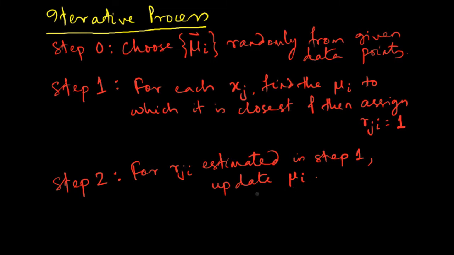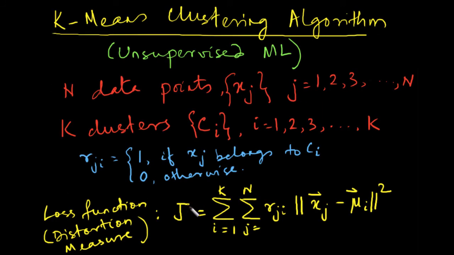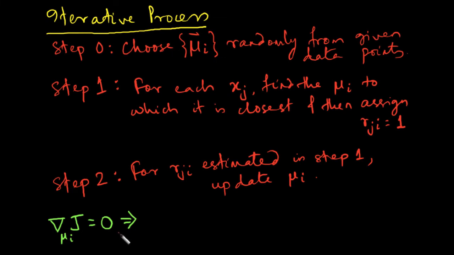And how do you do that? Now our objective is to minimize the loss function. So basically we need to take the gradient of j with respect to mu I and set that equal to 0. So what will that give us? Here you can see that j is equal to this function. If you take a derivative of j with respect to mu I, what you will get is 2 times this particular function, and there will be a negative sign also, but that doesn't matter because we are anyways going to equate this function to 0.